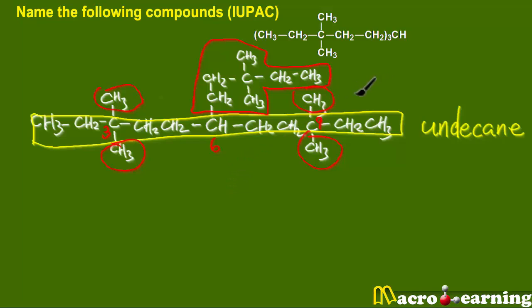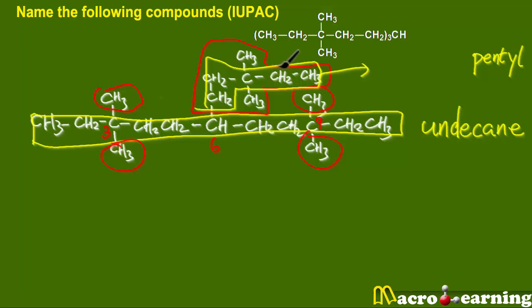Okay, so we have to pick the main chain, which is simply this chain here, a 5 carbon chain. So it's pentyl. It could be pentane, but because it's a substituent, we call it pentyl. It's a substituted pentyl.